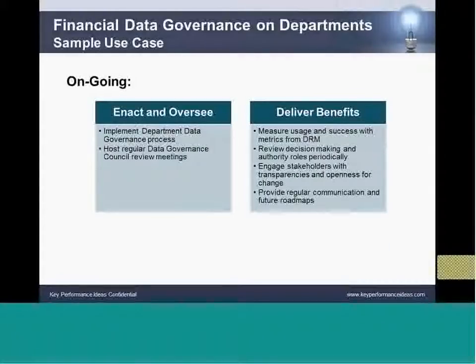Okay. Now, after all is said and done, what else is there? Obviously, there's still stuff to do. I would argue that you need to make sure that this department data governance person also talks with the overall data governance council so that everything is all synced up.